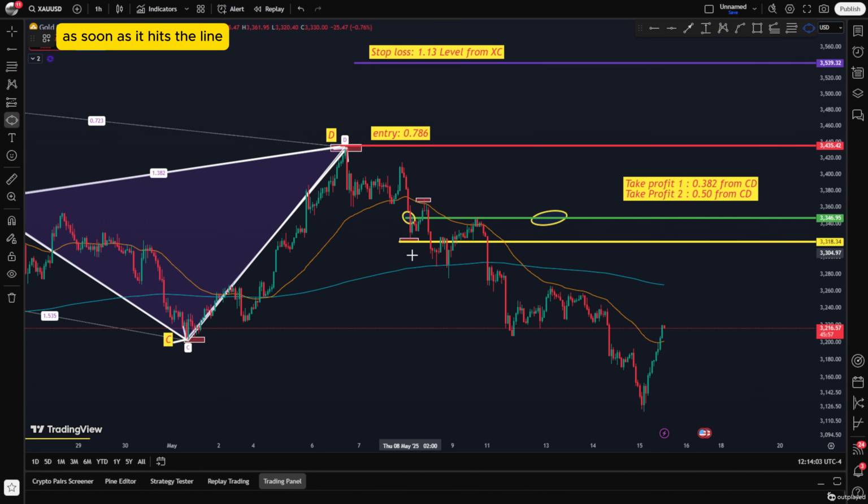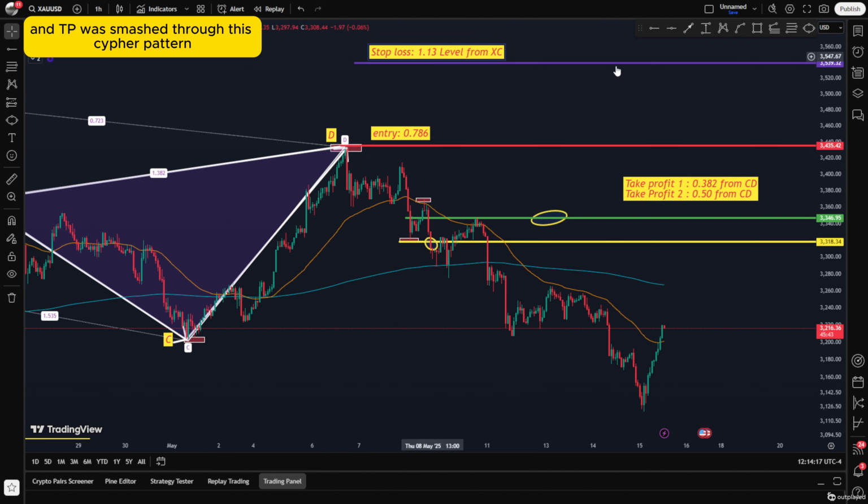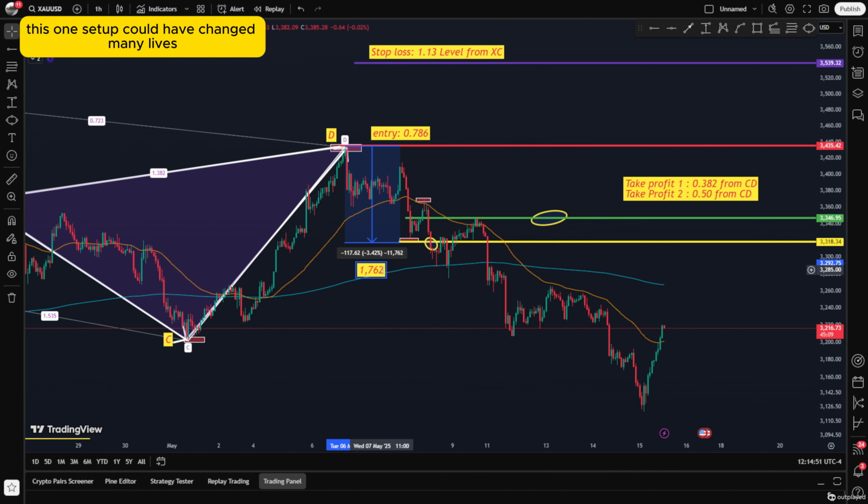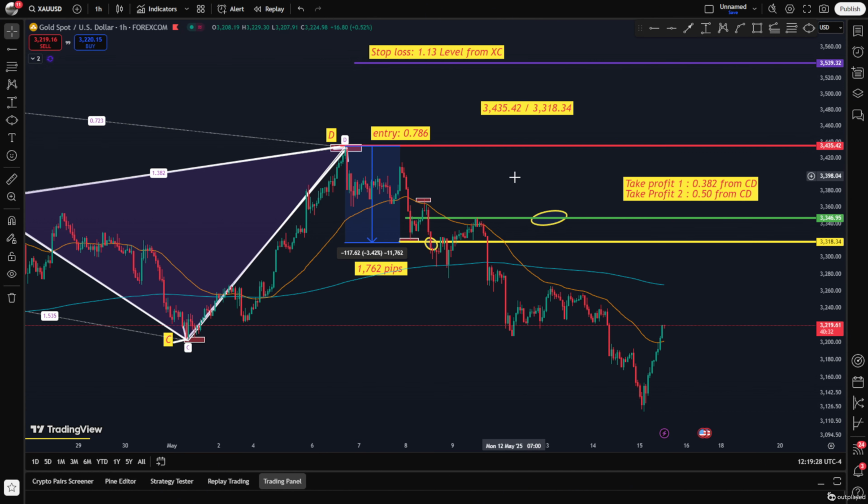As soon as it hits the line, the trade was done and TP was smashed. This cipher pattern predicted over 1,762 pips. This one setup could have changed many lives.